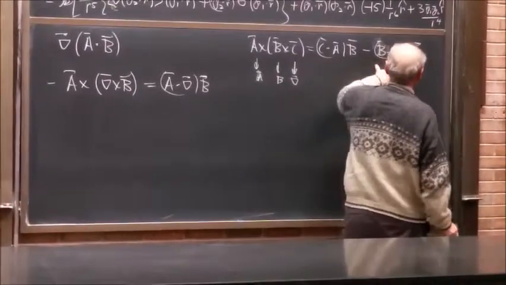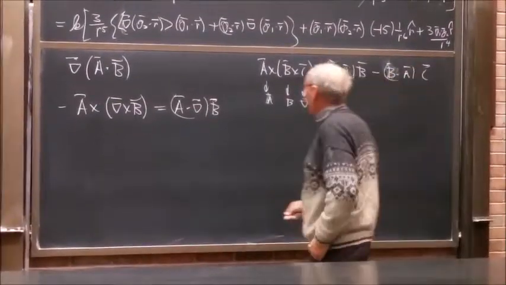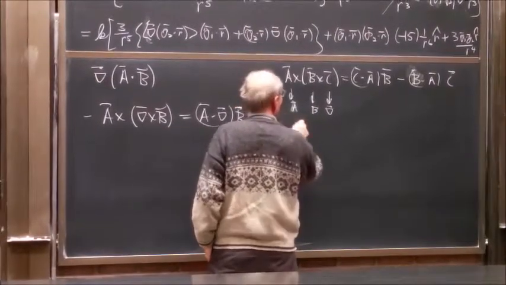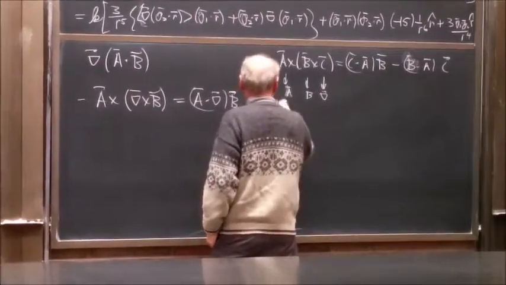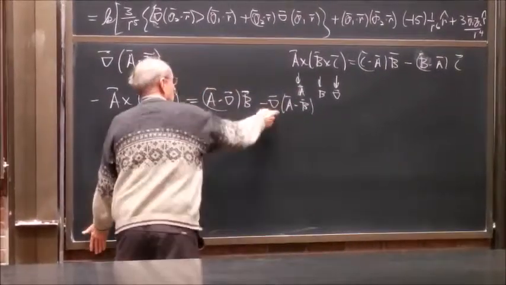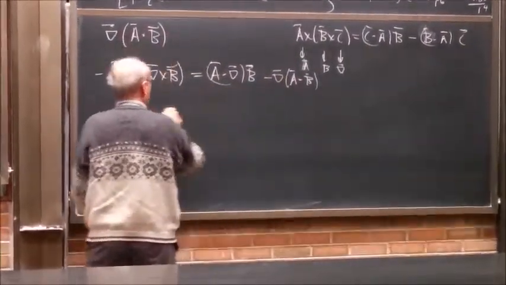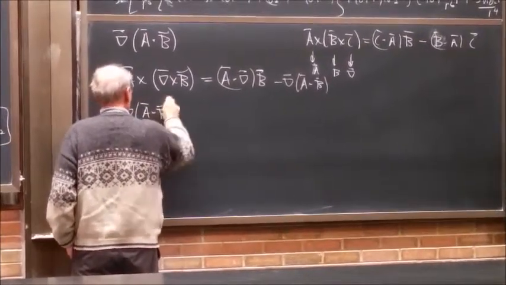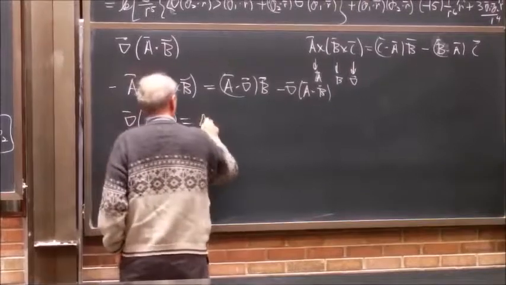It's just multiplying it, so I can just move it to the other side. And I get minus gradient A dot B.